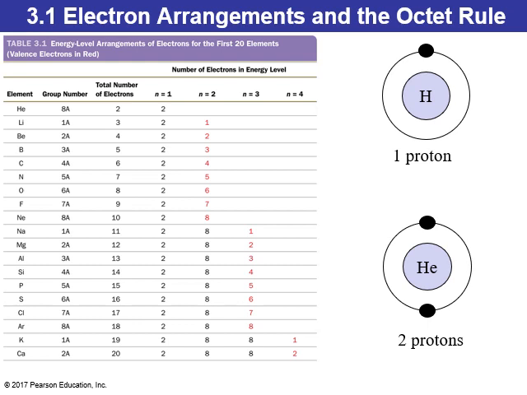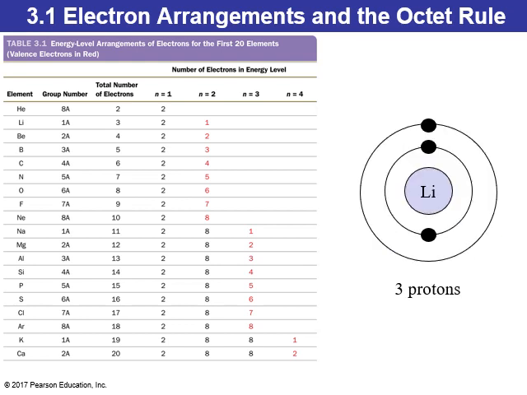So here's just a graphical representation of what we were just discussing. Hydrogen has a single proton, and so it can attract 1 electron. Helium has 2 protons, so it can attract 2 electrons, and now it's got a full first shell. We move on to lithium. It brings another electron. That electron has to go to that next shell.